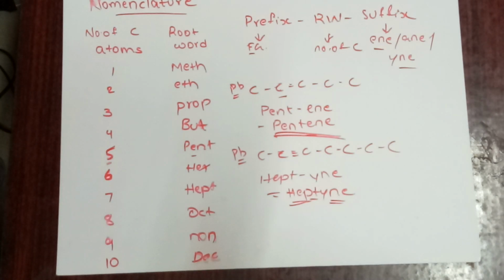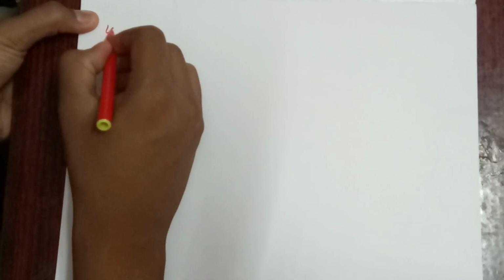Now we will write names of carbon compounds in detail. That means the name includes the location of the bond, the location of the functional group, or the location of halogens, and that has a separate structure. Let me introduce that. I'm erasing this. Yeah, let's start. This format will be long.